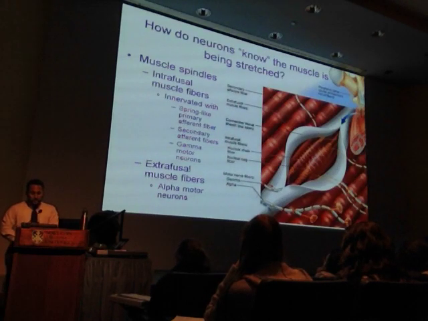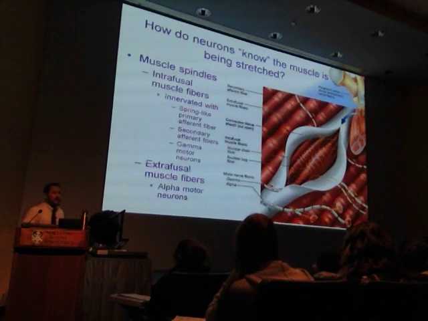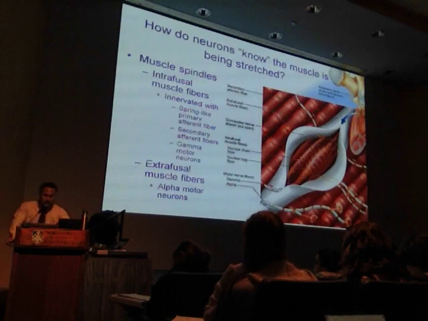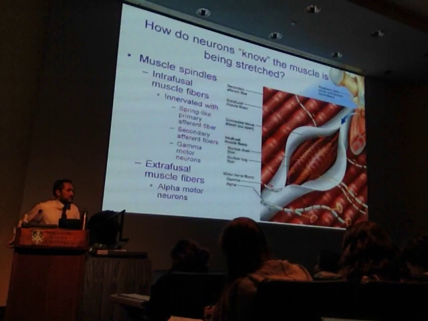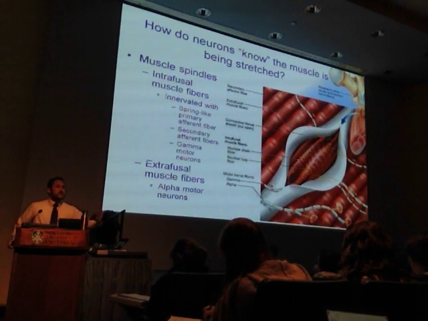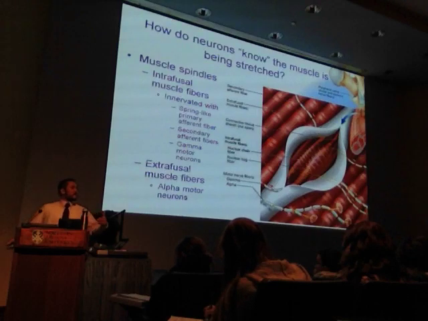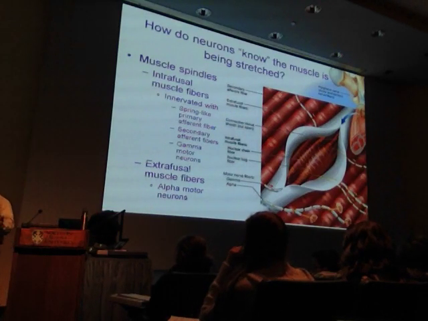The gamma motor neurons that come in allow for activity to take place. They help to adjust and maintain the sensitivity of the muscle spindle. So with training, your spindle becomes either less or more sensitive, depending upon the training specificity. As you practice that soccer ball kick, you get more used to that motion.